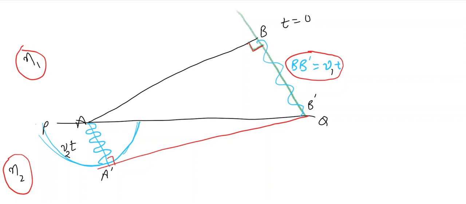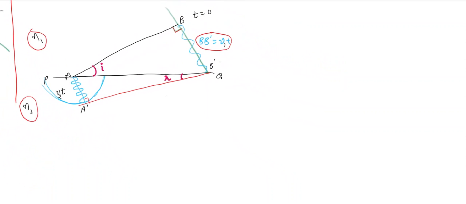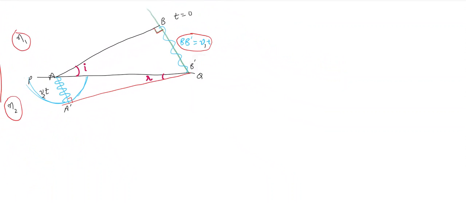So again, this has to be the angle of incidence, and let this be the angle of refraction. So two triangles once again. Which two triangles do we have now? The first triangle is A B B prime.